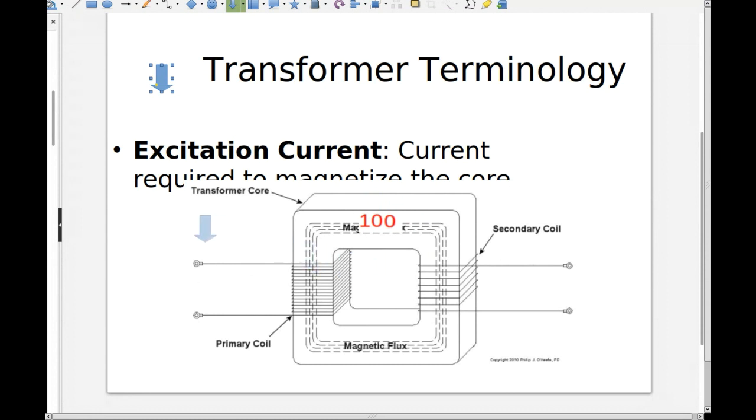And so this is going to give us a voltage.